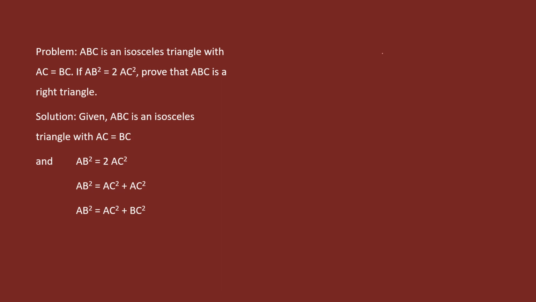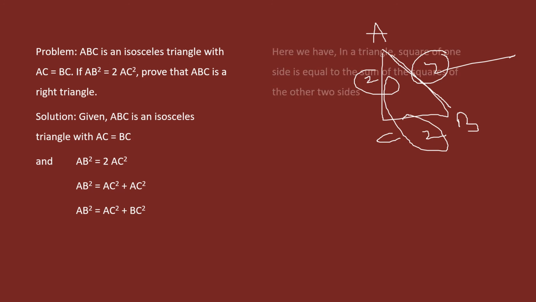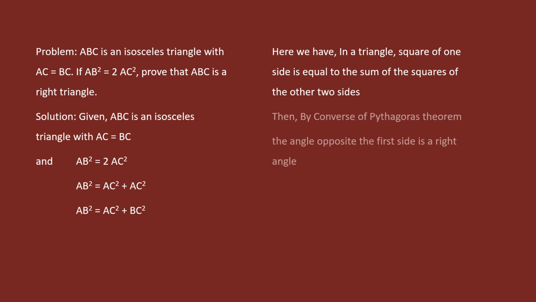Therefore, I have a triangle, suppose this is ABC. I got AB square is equal to AC square plus BC square. That means square of one side is equal to sum of squares of the other two sides.